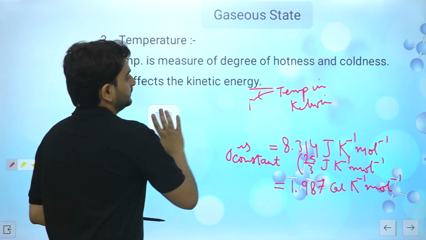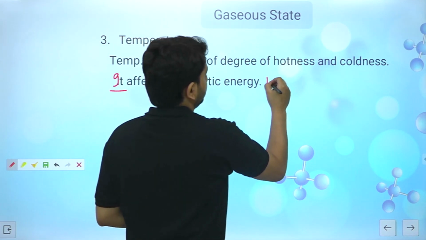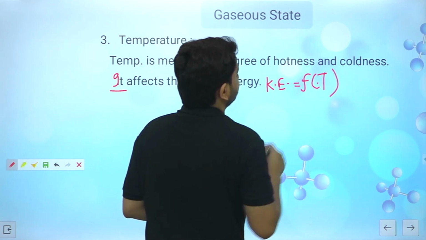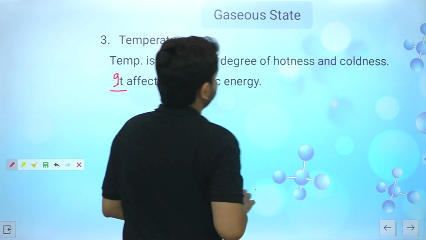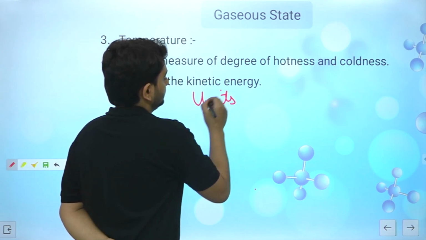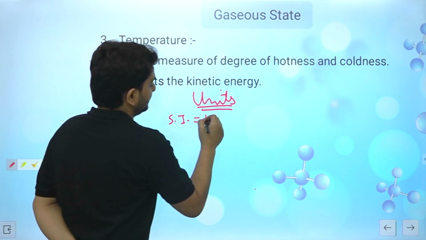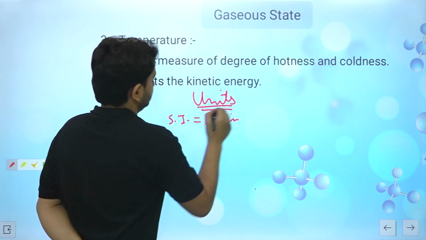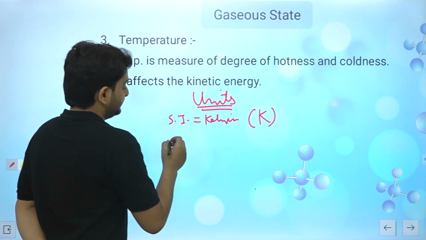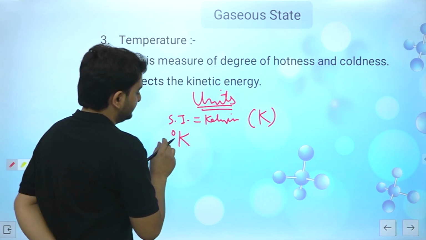Alright. So kinetic energy is a function of temperature only. We've discussed this before and we're discussing this now. Alright. Now talking about the units of temperature, the SI unit of temperature is Kelvin, represented by K. Then comes degree centigrade.